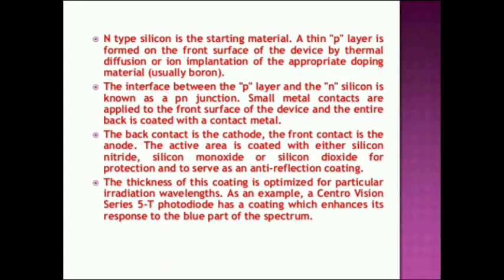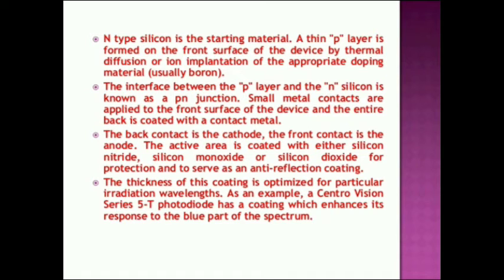The interface between the P layer and the N silicon is known as a PN junction. Small metal contacts are applied to the front surface of the device and the entire back is connected with contact metal. The back contact is the cathode, the front contact is the anode.